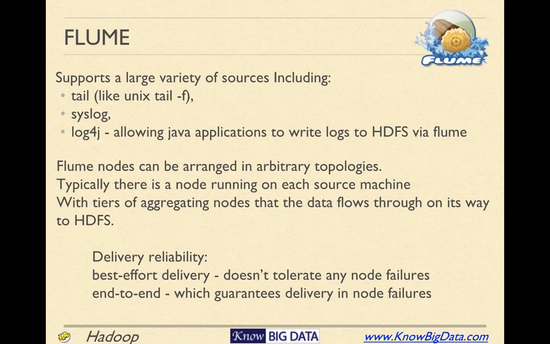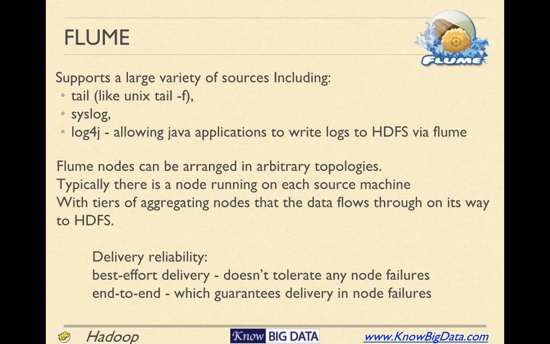Other examples are syslog, log4j, and so on. Also, Flume nodes could be arranged in an arbitrary topology. Typically, there is a node running on each source machine, and with tiers of aggregating nodes, the data flows through on its way to HDFS.